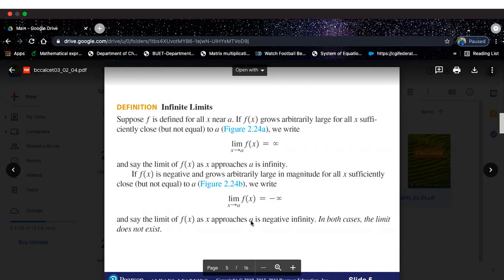If the function is negative and it keeps growing, it's the other way of saying the function is decreasing, right? So then we say the limit of the function is negative infinity, okay?